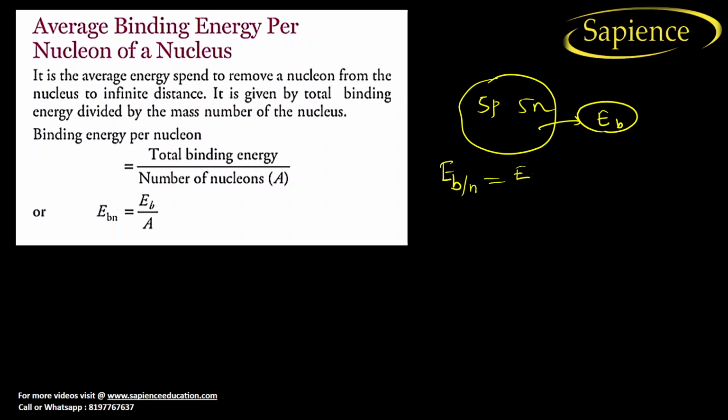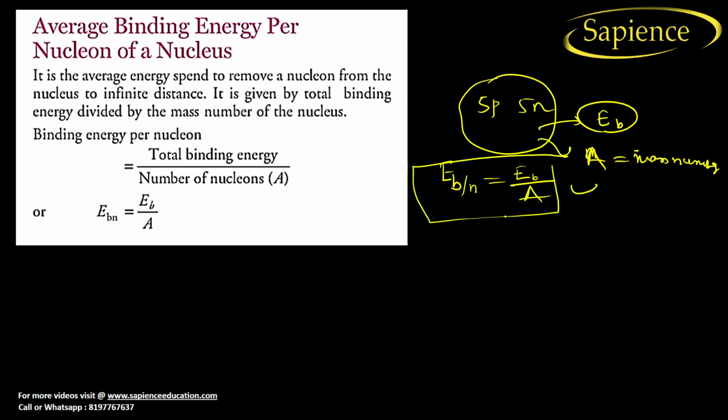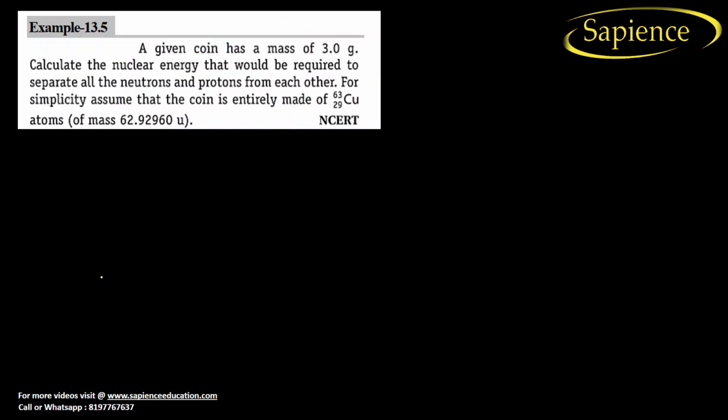This will be equal to the total binding energy divided by the total mass number, because the mass number A is equal to the number of protons plus the number of neutrons. So binding energy per nucleon, Eb by N, is equal to Eb by the atomic mass number A.